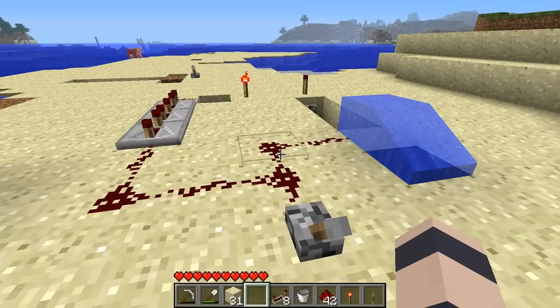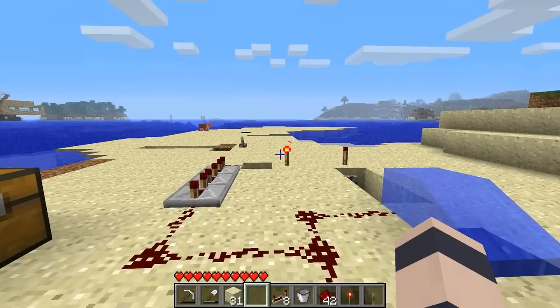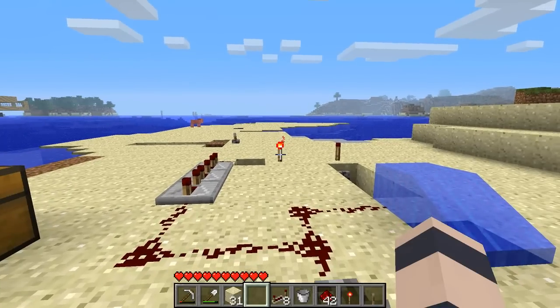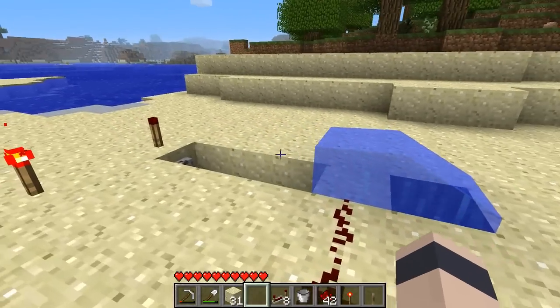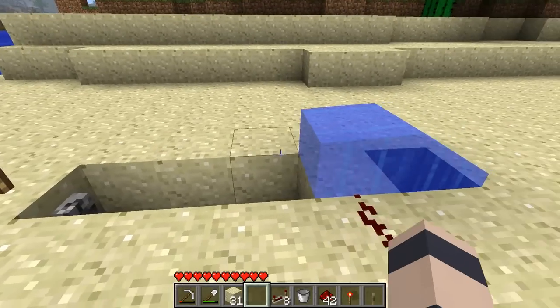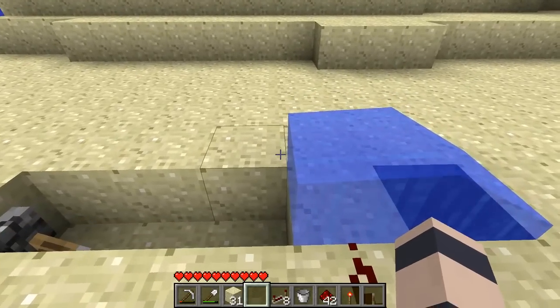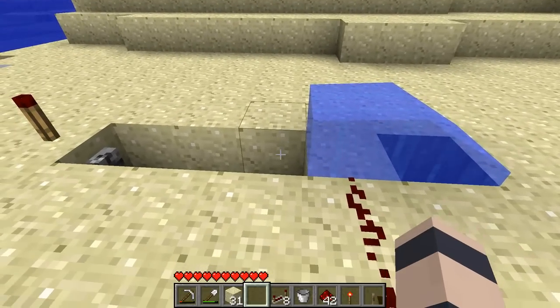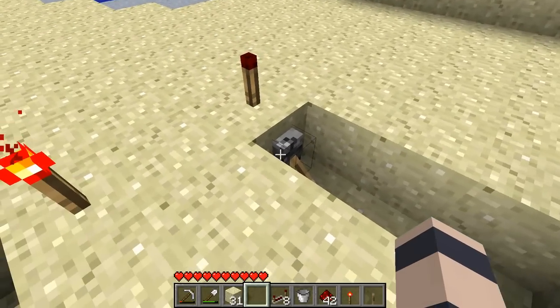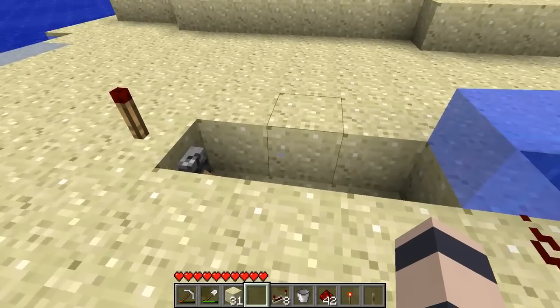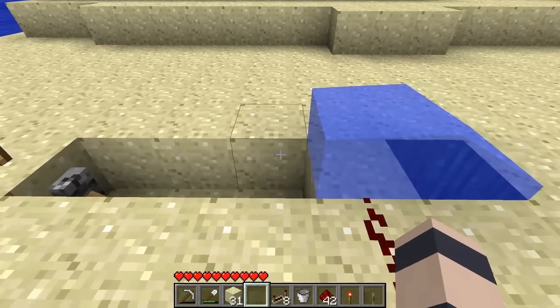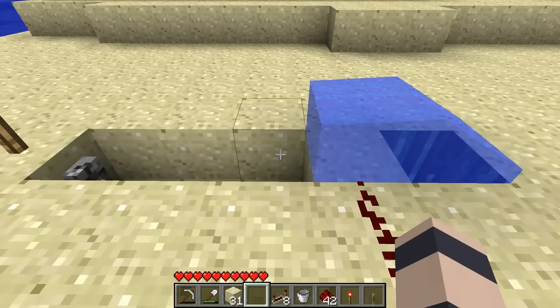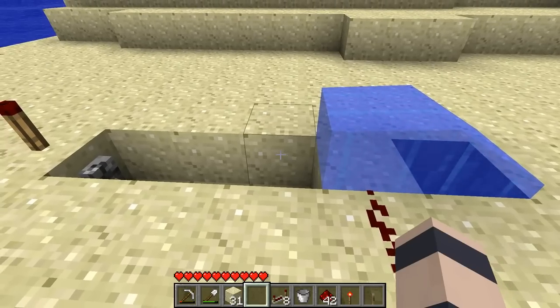Proof of this claim can be seen in this experiment here. This torch on the left will go off at the exact same time this torch on the right goes on. The one on the right is being timed by water. The water must move left, down, left, left to destroy this lever, which is 4 blocks it must spread to. And 4 times 5 is 20 ticks, which is about 1 second.